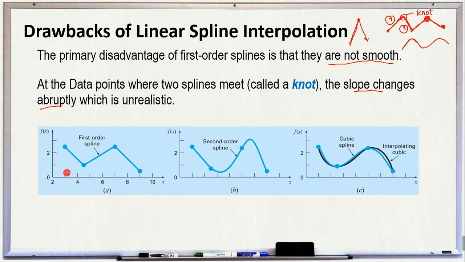Now ato na siya makita-an visually. So kani siya, these are the graph for our example number 1, the result of our example number 1. For the first figure, figure A, this is the representation of our first order spline, or we call this one the linear spline. Yung makit-an mo ni ang ato ang knots, okay? We call this one as knots. Kita nimo sa knots, way ka curve, may change dayon ihang slope abruptly.